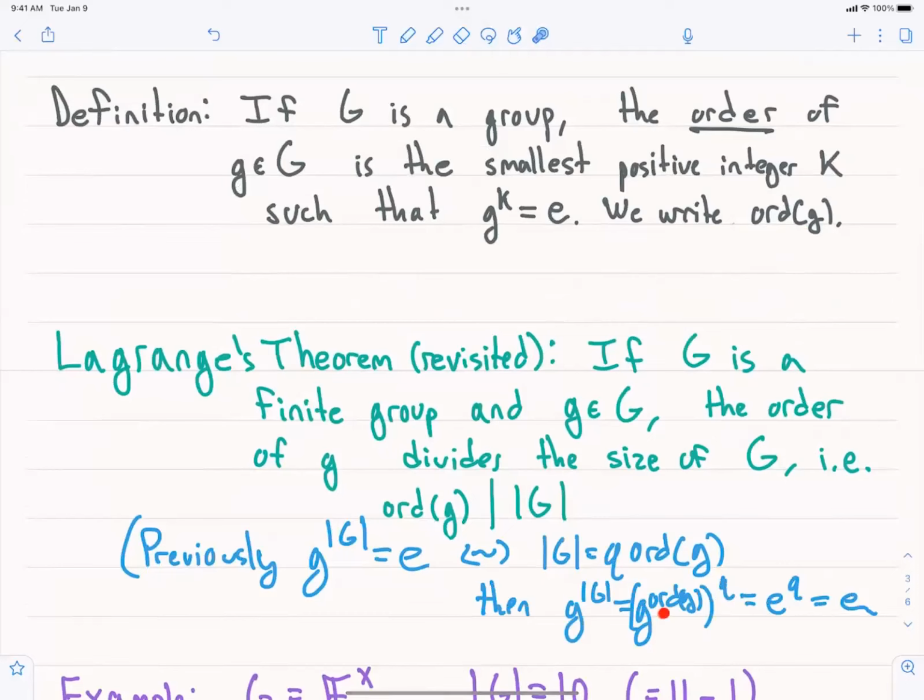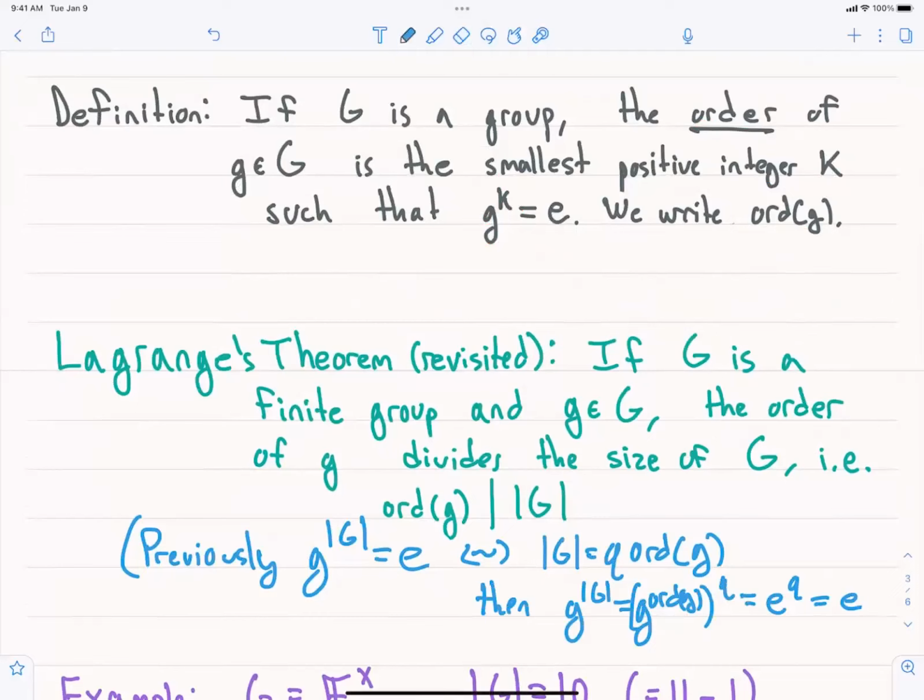So g to its order is equal to the identity element. That's by definition, because the order is the smallest positive integer such that this holds, but in particular, this holds for the order. So this is the identity element, and if I raise the identity element to any power, I just get the identity element back again.